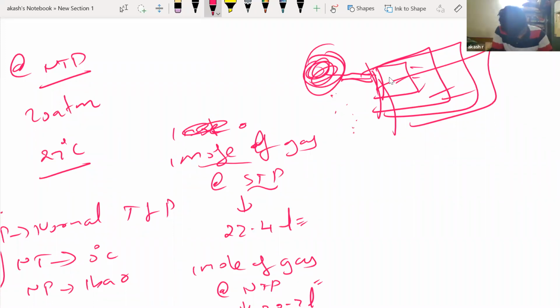You don't have to convert anything, right? Everything is calculated only at NTP. No, sir, for finding the volume of hydrogen in the cylinder, 20 atm, 27 degrees Celsius. But nowhere is STP asked. In the cylinder, they are telling that 2.82 liters of water can be there at NTP, but the cylinder now contains 20 atm and 27 degrees Celsius. So there is no STP here as such.